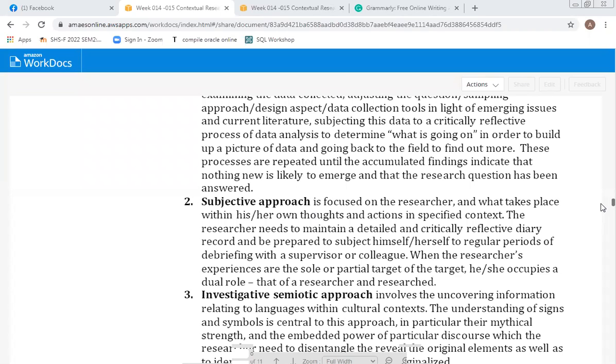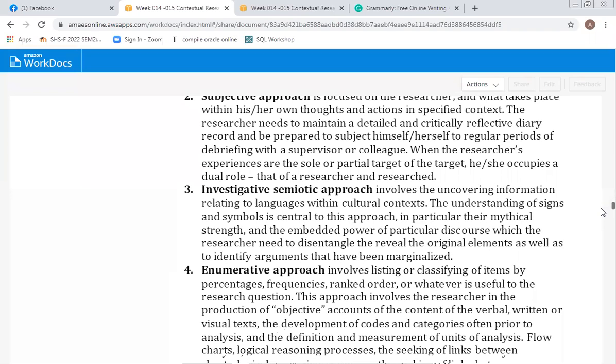Number 3, investigative semiotic approach involves the uncovering of information relating to languages within cultural contexts. The understanding of signs and symbols is central to this approach. Okay?